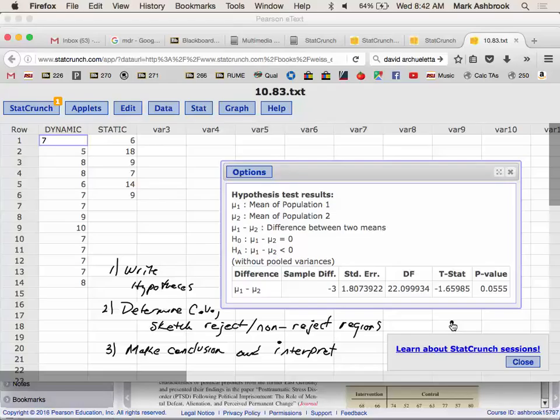Work together, check your answers with each other. You're going to make your hypotheses, determine the critical value, make a picture sketching the rejection and non-rejection regions, and then make your conclusion and interpret.